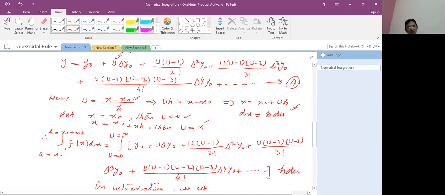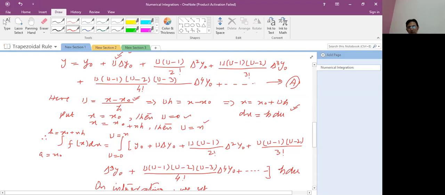Then, student, we integrate the equation number a. We apply the integral sign. What is y? y is equal to the integral from a to b of f of x dx. And the integral sign we apply here, the limit of u is 0 to n, the lower limit and the upper limit, and the whole function we will write as it is.